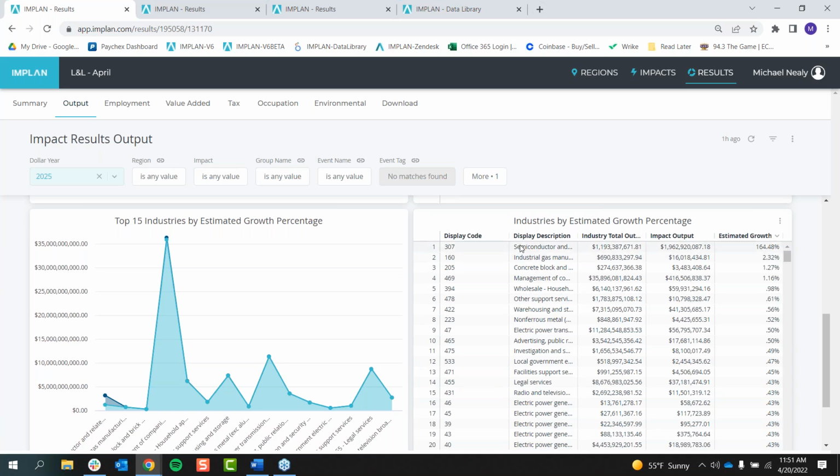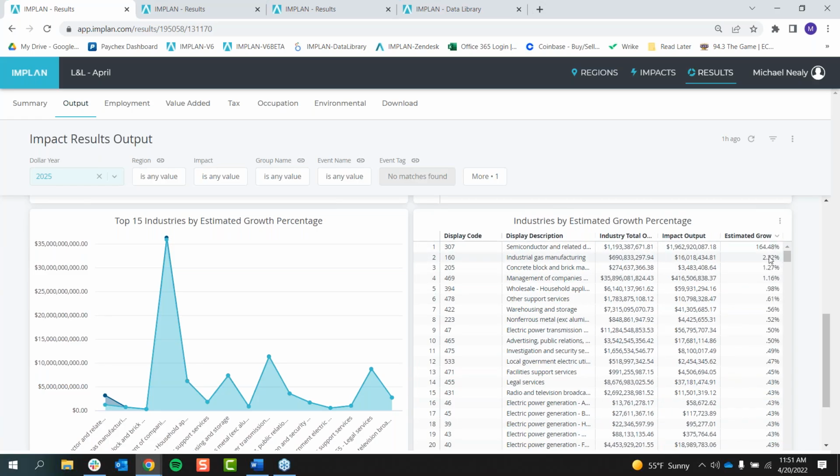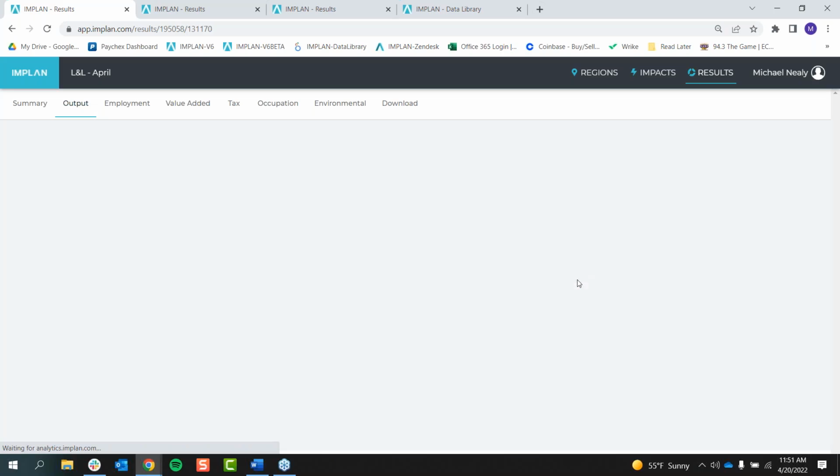Of course, the top industry would be semiconductor and related device manufacturing, which grew over 164%. Next, we would have industrial gas manufacturing, which grew at about 2.32%. Third would be concrete block and brick manufacturing, which grew 1.27%. And management of companies and enterprises, which grew or just disappeared.